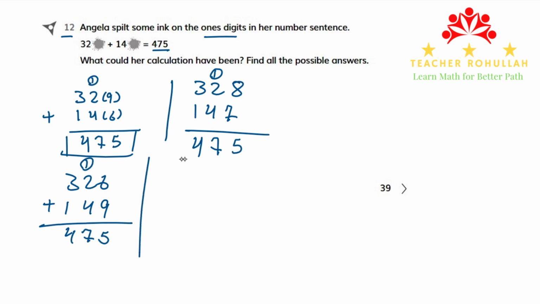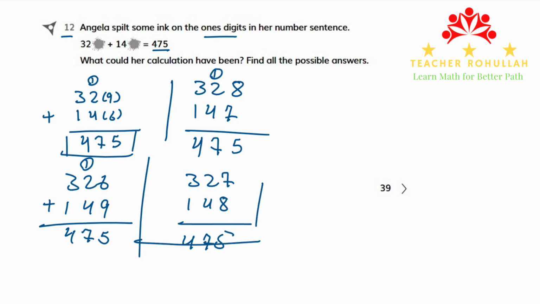In the same way, switching the other numbers here, 327 plus 148. Again, we will get 475 if we add them together. These are all the possible answers that we can find for this question. So we found 4 possible answers.